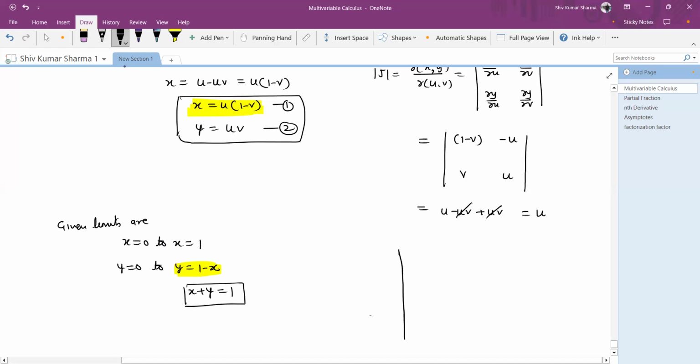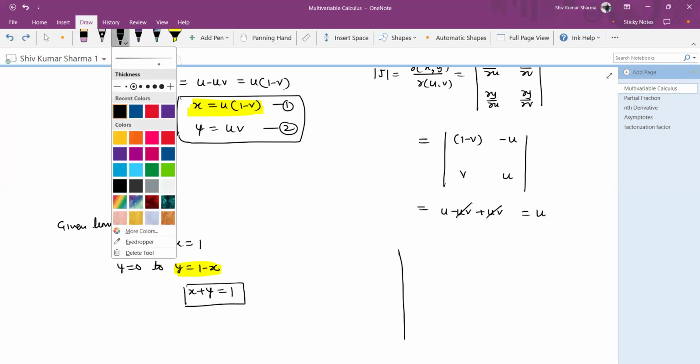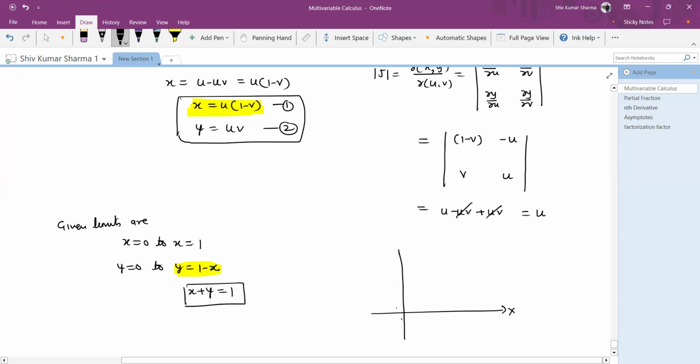So when you draw the Cartesian plane, this is our x-axis, origin and y-axis.